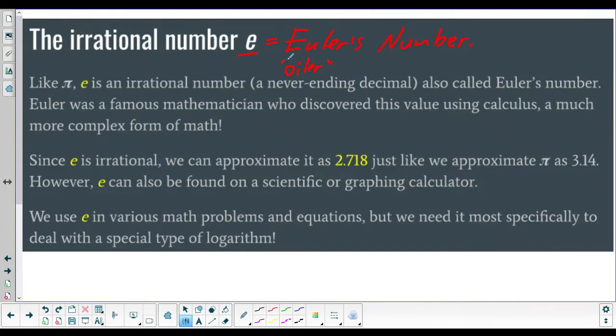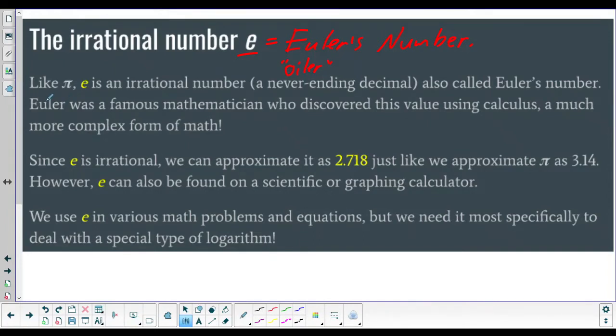This guy was a mathematician. His name is Leonhard Euler. I don't remember what nationality he was, but he's the guy that came up with a whole bunch of stuff in math. So he got a number named after him, and it's E.